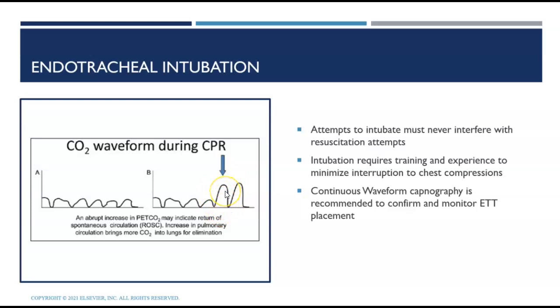CO2 is getting dropped off to the lungs to get exhaled, and I'll see the CO2 monitor increase to above 40, and that usually indicates that the heart has started back up and had that return to spontaneous circulation, which we call ROSC at the hospitals.